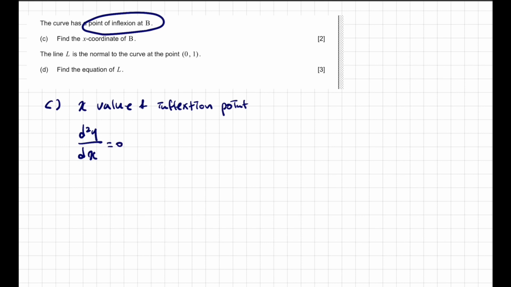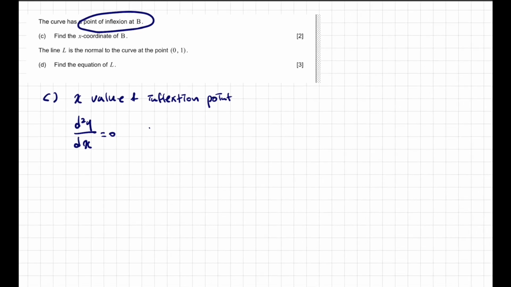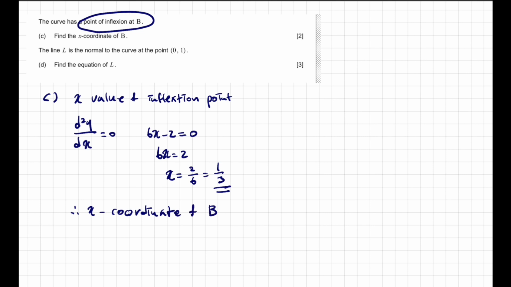That means when you set 6x minus 2 equals 0, we can identify that x value, right? So the x value in this case is the same as 2 over 6, which is 1 over 3. And this is the x value of the inflection point. And that means the x coordinate of point B is the same as 1 over 3.